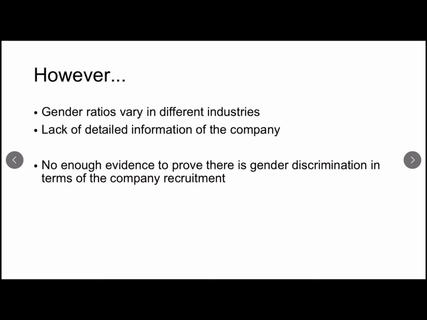However, as we know, gender ratios vary in different industries, and because of lack of detailed information about the company, there's not enough evidence to prove that gender discrimination exists in terms of the company recruitment.